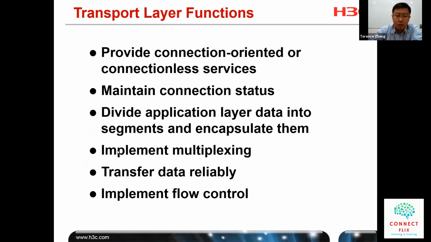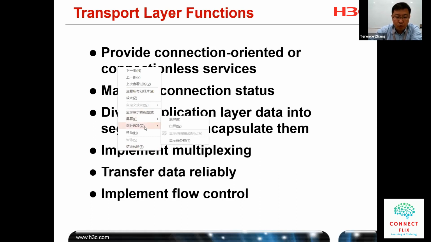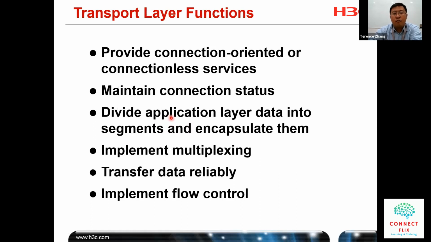So the main purpose of the TCP and UDP protocols is to provide connection-oriented or connectionless service, right? Familiar, already mentioned.